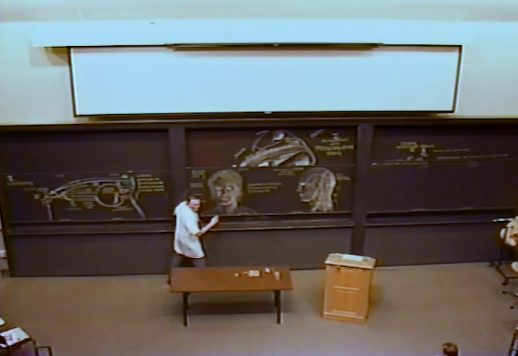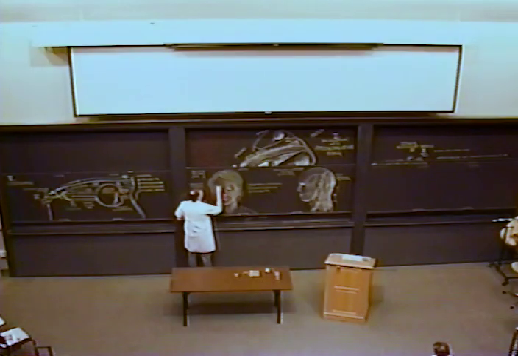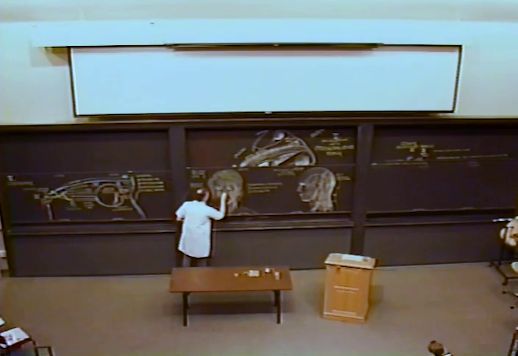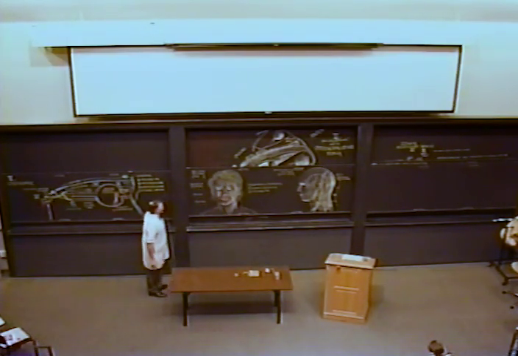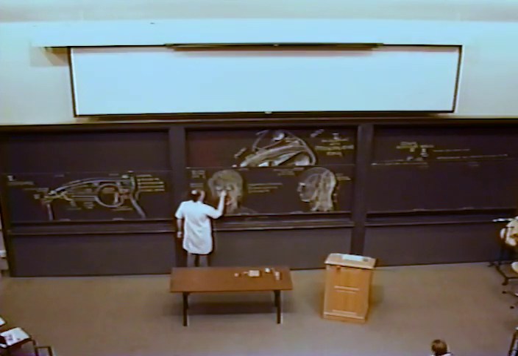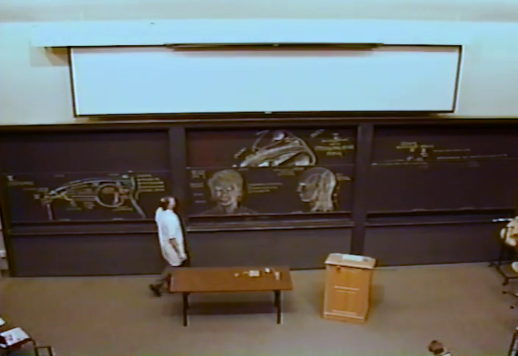The lacrimal gland, the lacrimal nerve, the supraorbital, the supratrochlear, the infratrochlear, and the external nasal. This is all 5-2. And so the distribution of 5-2 typically would be this. There's 5-2.